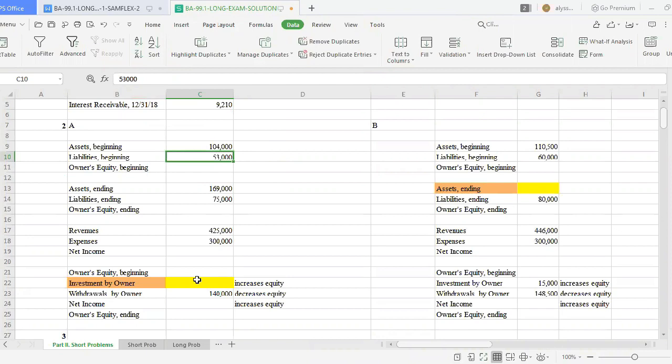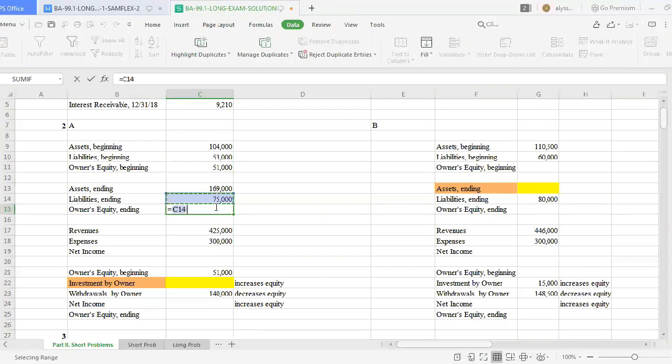So where do we get the owner's equity beginning? We get it by subtracting liabilities from the assets beginning. So that's assets less liabilities here. So that's 51,000. We get the ending by doing the same.